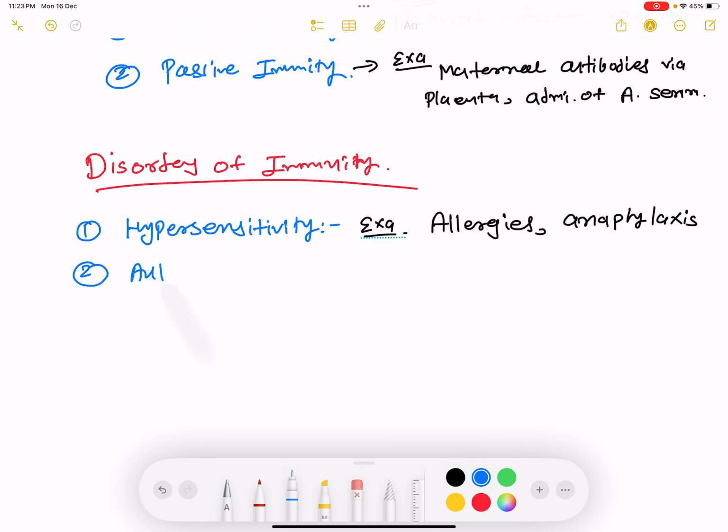Second, autoimmunity. The immune system attacks itself, like in SLE and rheumatoid arthritis.